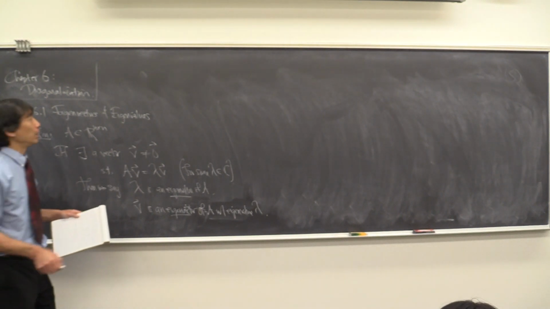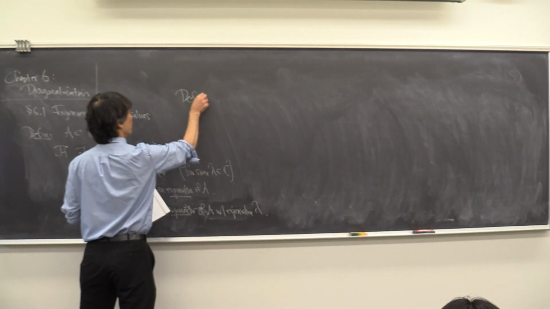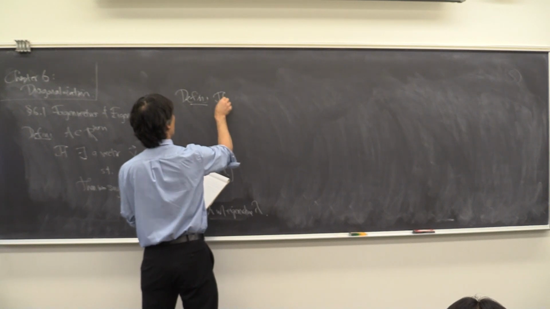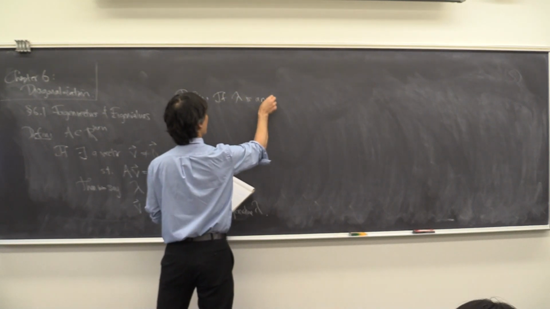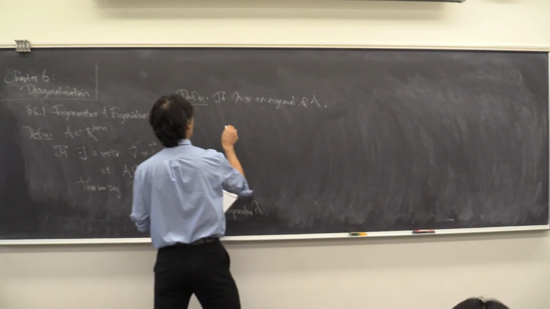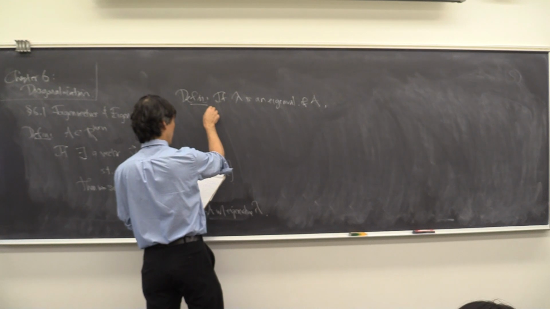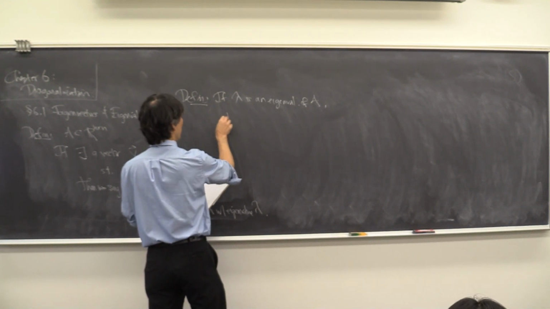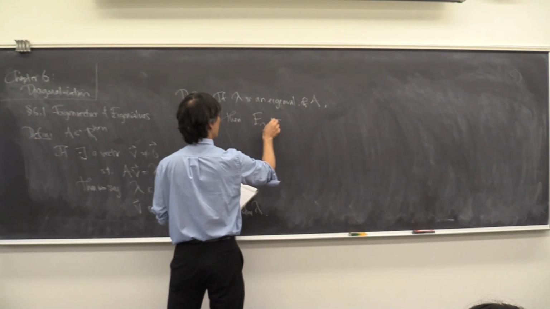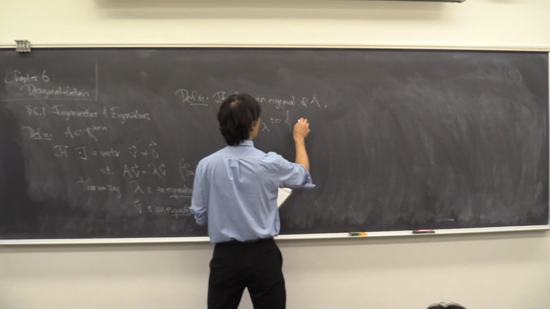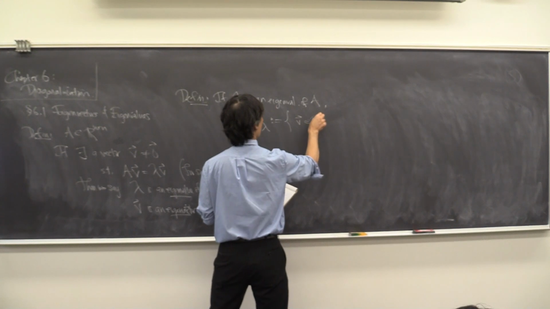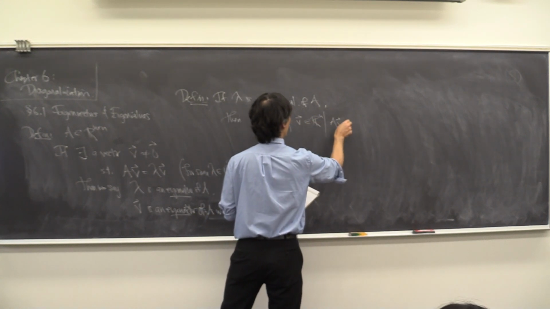Another term that will be important is something called an eigenspace. If lambda is an eigenvalue of A, then we let E sub lambda denote all vectors in Rn such that Av equals lambda v.